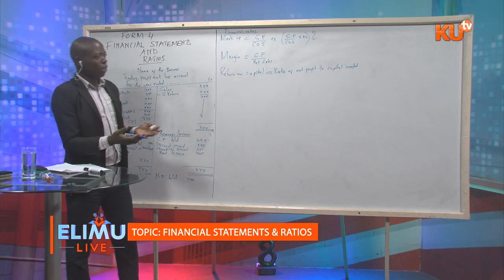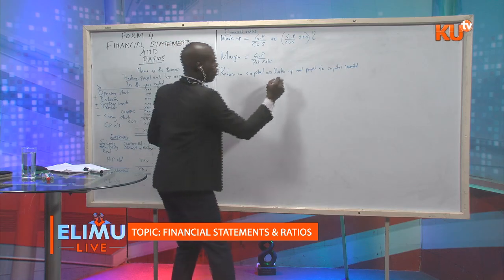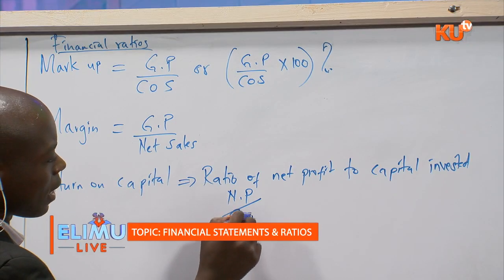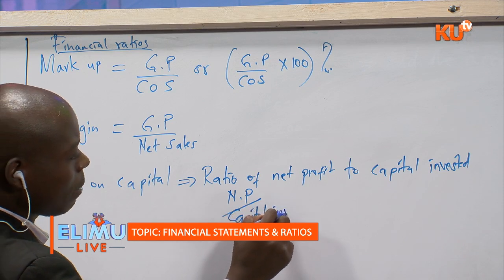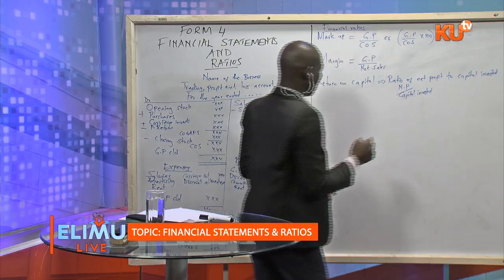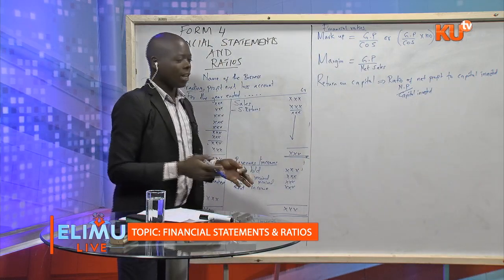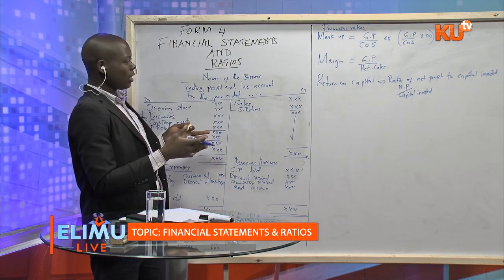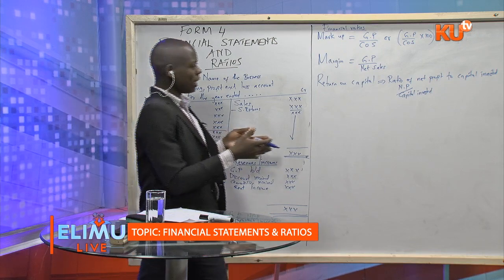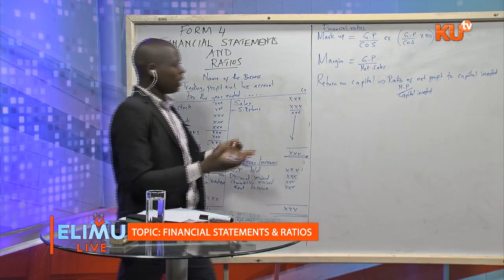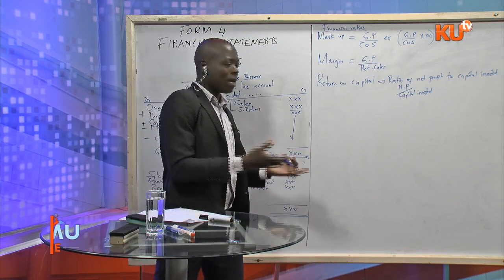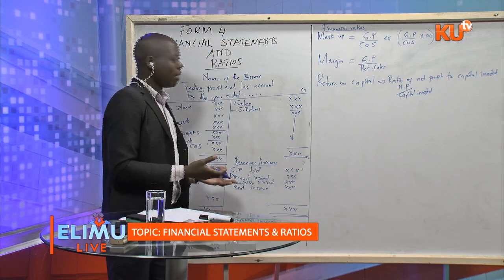That means we take net profit over capital invested. That is how we calculate return on capital. So at the end of the day, the business owner is able to ascertain how much he or she made in relation to the amount of money he had actually invested in the business.